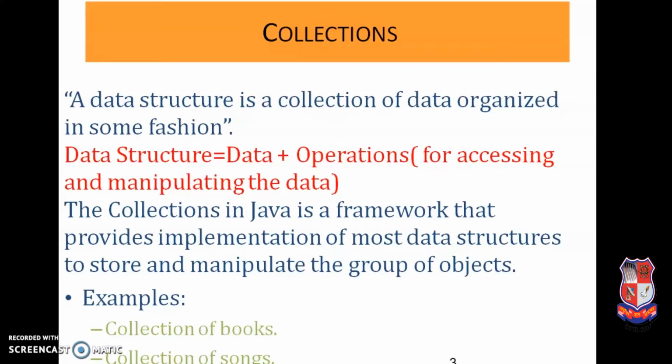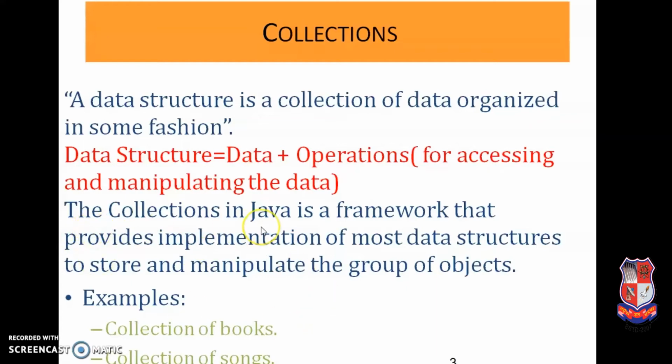First of all, you need to understand what is the collection. Collection is basically a data structure, or we can say data structure is also collection, and we can define data structure as something that contains data and a set of operations to access that data.